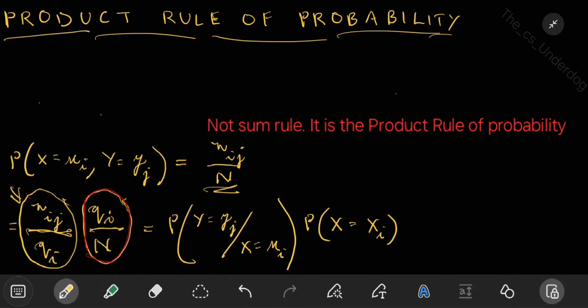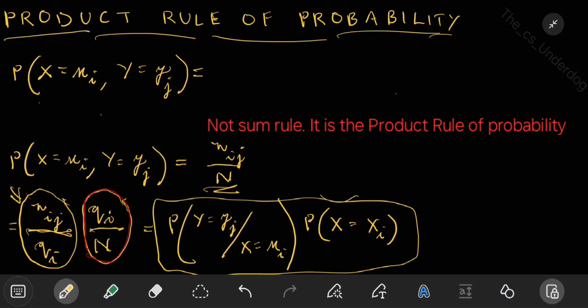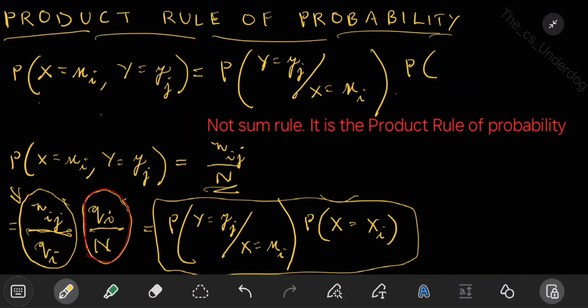So the product rule of probability says the probability of x taking the value xi and y taking the value yj can be expressed as the probability of y taking the value yj, given that the value of x is xi, into the probability of x taking the value xi.